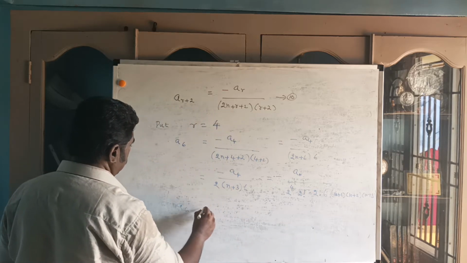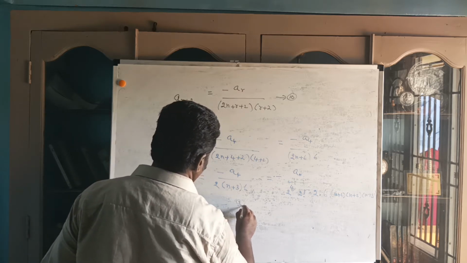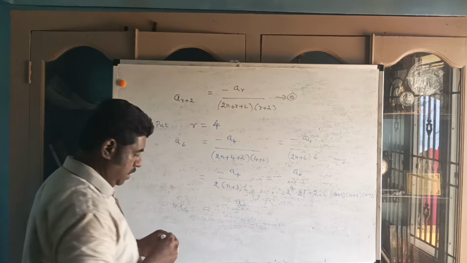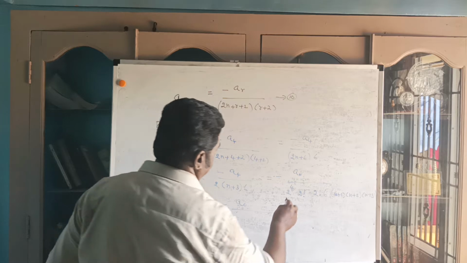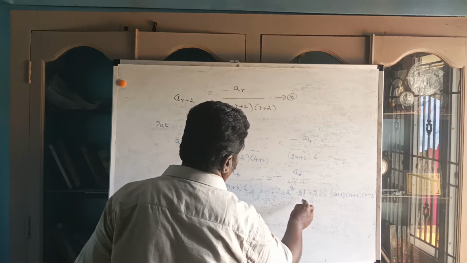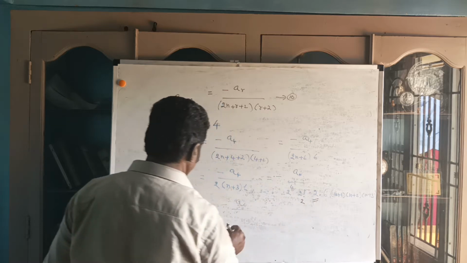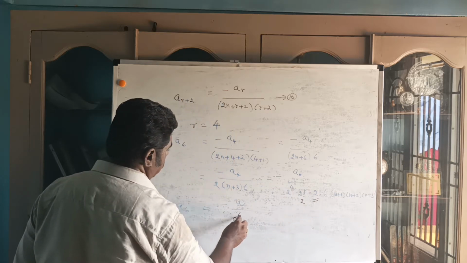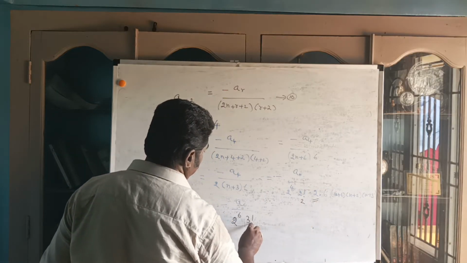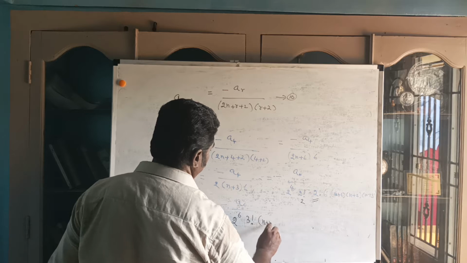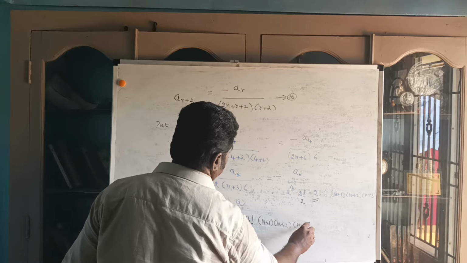Therefore, A6 equal to minus A0 divided by 2 power 4, and this 2 factorial is 2. If you add this, 2 power 5, and then 2 power 6. A0 divided by 2 power 6. This 6 is treated as 3 factorial, then the rest of the terms, (n + 1) into (n + 2) into (n + 3).